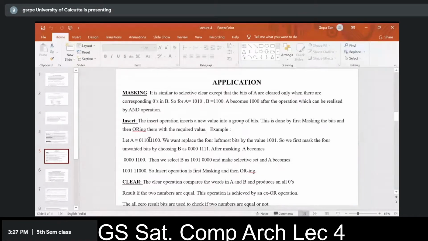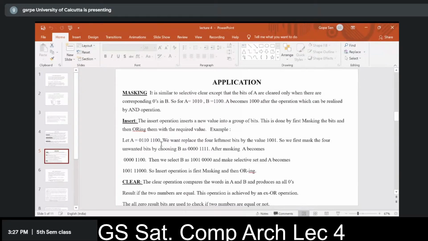First, we will have to make all these bits 0 by masking. Then what will be your B? B is your reference, and how will we select B? As you do not want to change these 4 bits, these 4 bits will be equal to 1111, because for masking, the bits of A corresponding to the bit values of B which are equal to 0 will be cleared to 0.